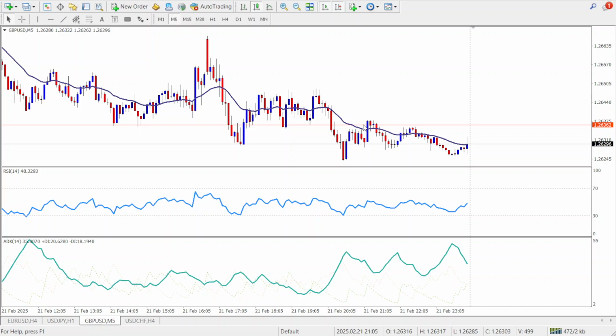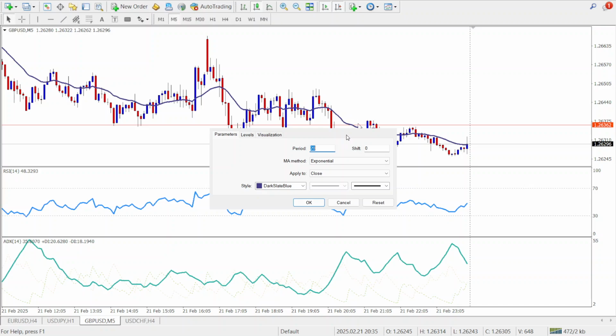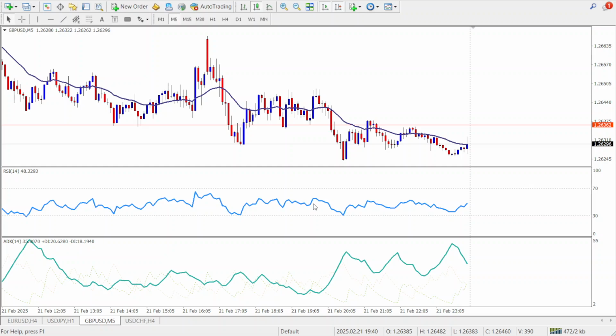For this strategy, we will typically use a shorter EMA, such as the 9 EMA or the 21 EMA. But let us use the 21 EMA for the purpose of this video, because the 9 period EMA is excellent for short-term trends, but the 21 period is perfect for spotting medium-term trends.